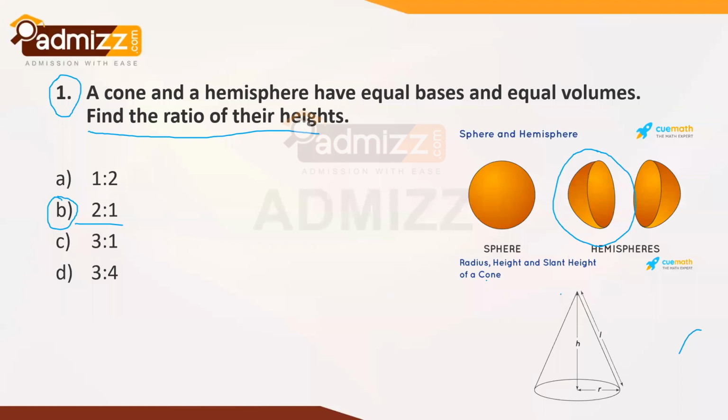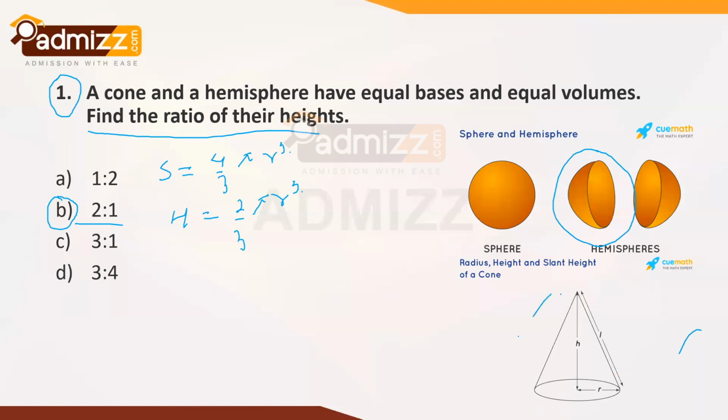So the volume of a hemisphere will be exactly half of that of a sphere. We know that the volume of sphere, represented by S, is equal to 4/3 pi r cubed, so the volume of hemisphere is going to be half of this, which is 2/3 pi r cubed.